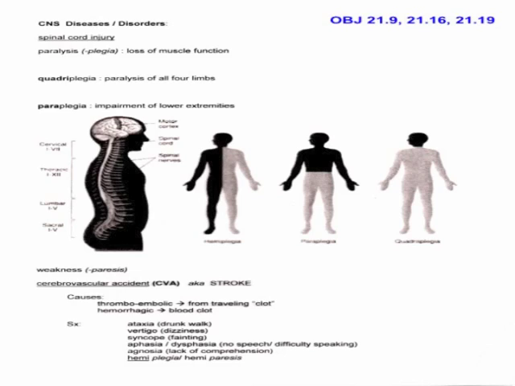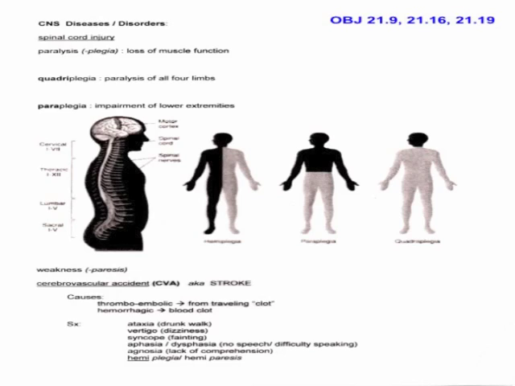Another disease that we can see is a cerebrovascular accident, or aka stroke. Causes for a stroke can be a thromboembolic, or clot, or hemorrhagic, or bleeding.